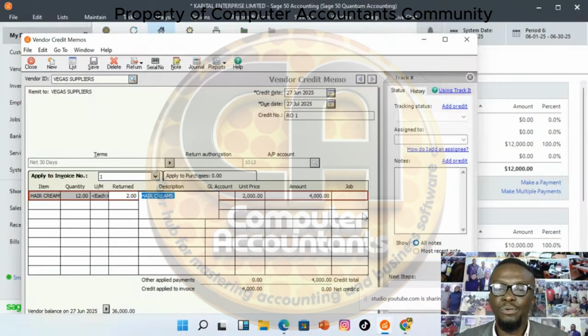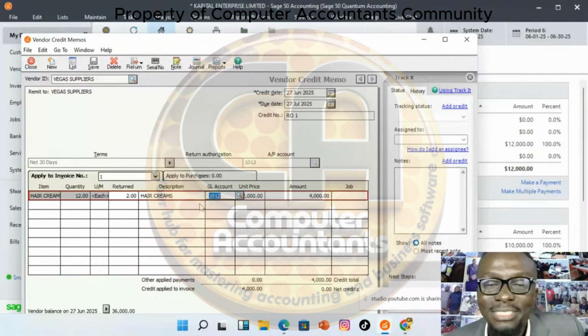Okay, so remember, this is it. Then now this is where it looks a bit manual in nature, but we still have to take care of that.